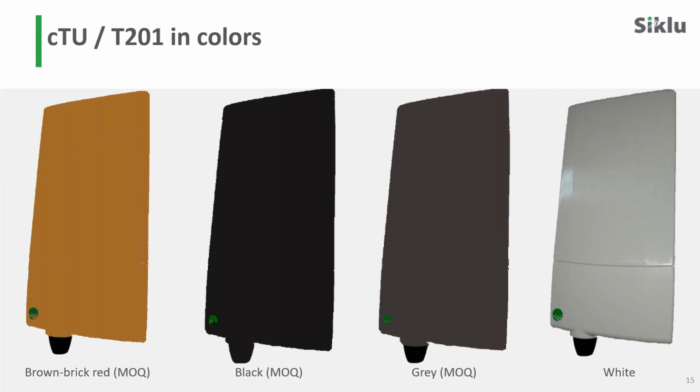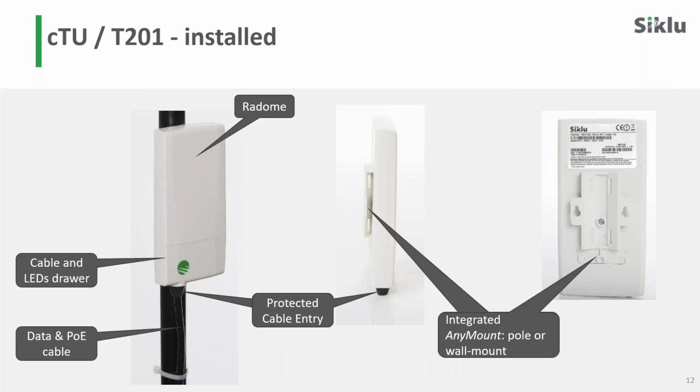I see here a question about the wall mount. So I'm going to go back to this slide here, zoom in again. Basically, wall mounting the cTU is very simple. You drill the 3 holes which correspond to 1, 2, and 3 here using the drill pattern which is on the quick start guide.